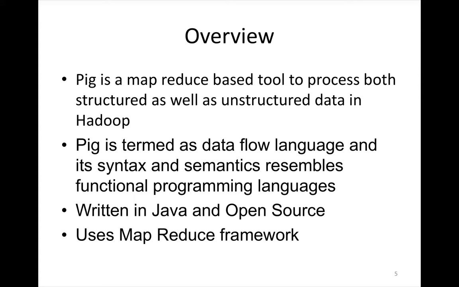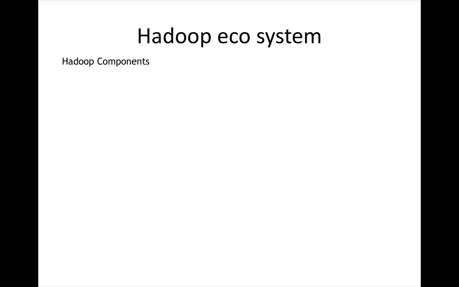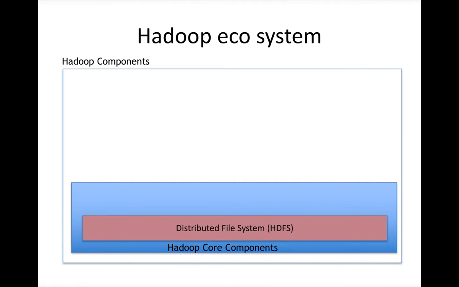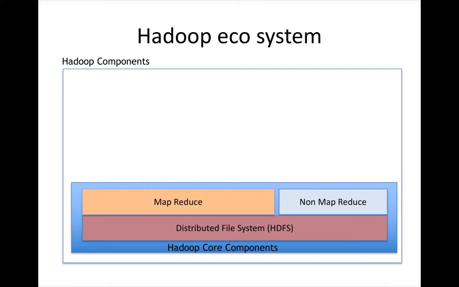So whenever you write a Pig script, it will be compiled into MapReduce code using Java, and then a jar file will be generated, and then the MapReduce jobs will be submitted using that jar file. So far we have seen Hadoop core components, HDFS at the bottom, then MapReduce is installed using Yarn.